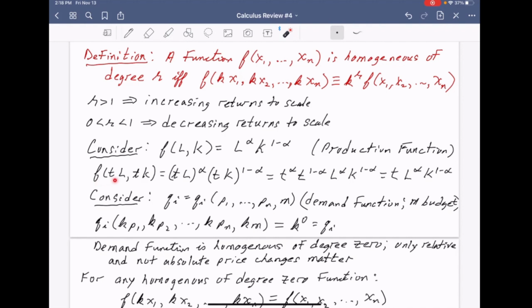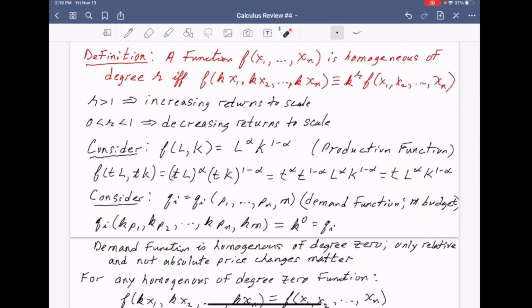So if we multiply labor and capital by t, so we increase the amount of labor and the amount of capital by a factor t, we have (tL) to the power alpha and (tK) to the power 1 minus alpha, which gives us t^alpha times t^(1 minus alpha) times the old production function y, and t^alpha times t^(1 minus alpha) is simply t.